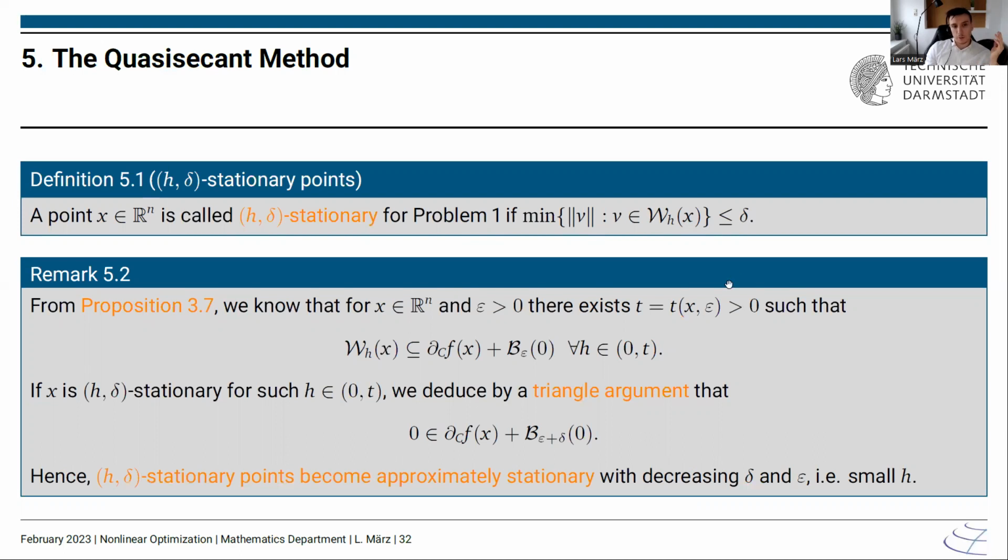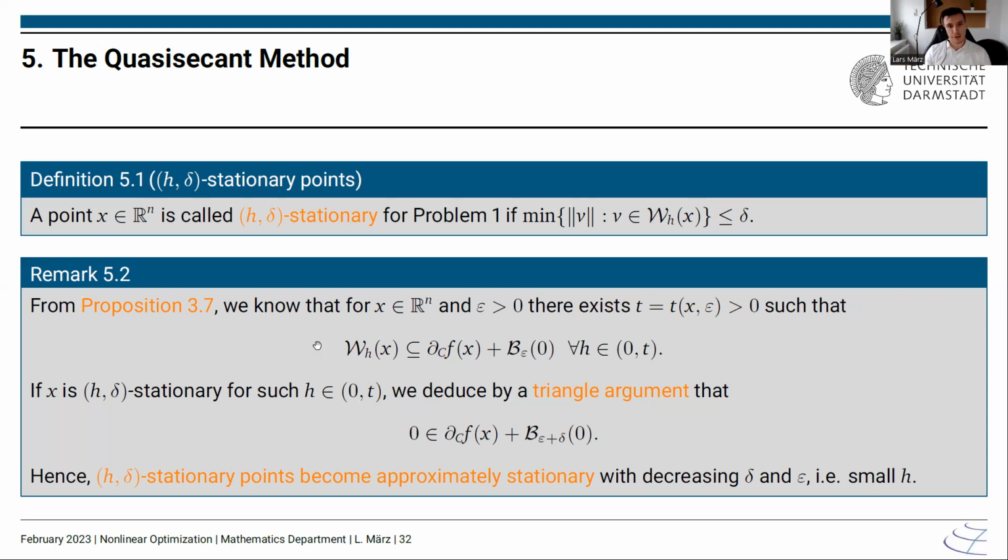Now, from proposition 3.7, we know that for x and positive delta, there exists a T such that this inclusion holds for all H smaller than T. Now, if we assume x to be H delta stationary, we can execute a triangle argument.